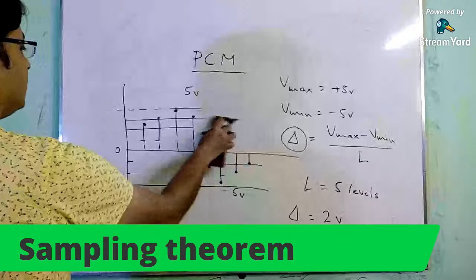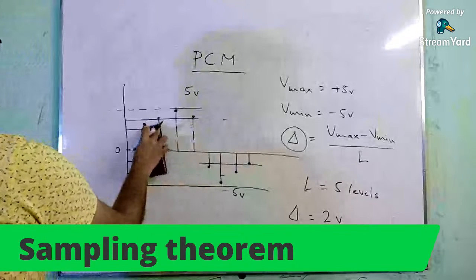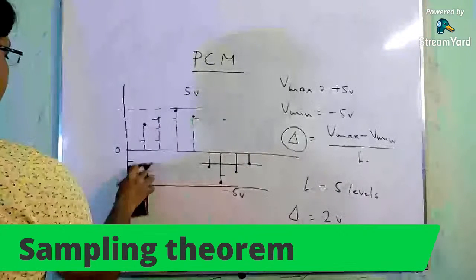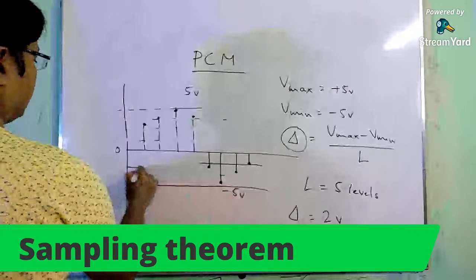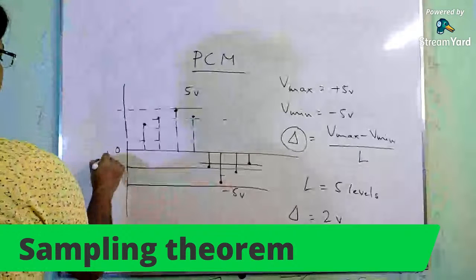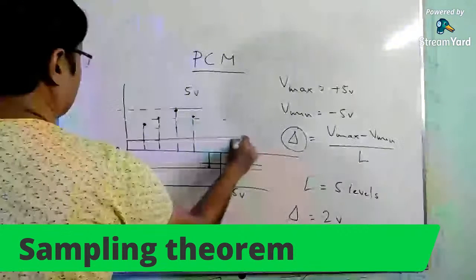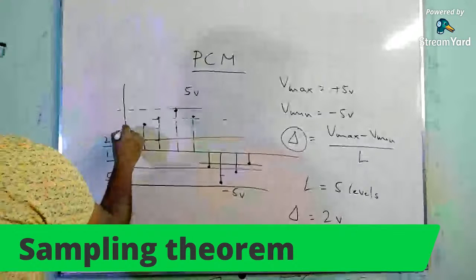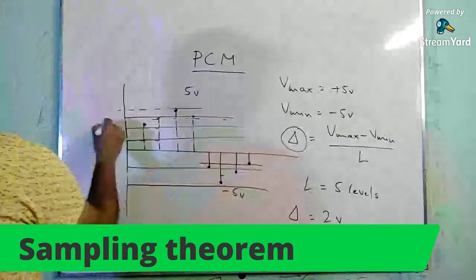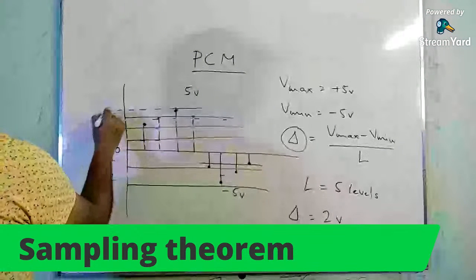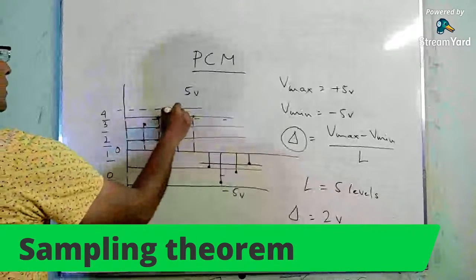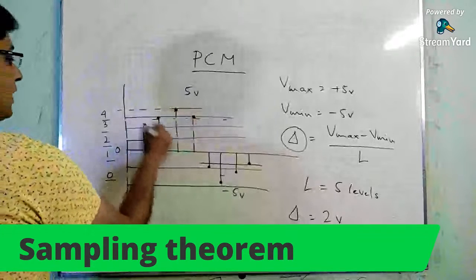So let these values be separated a bit. So let it be level 1. Let it be level 2. Let it be level 3, and let it be level 4. So these are 5 different levels. The figure is quite untidy, sorry.